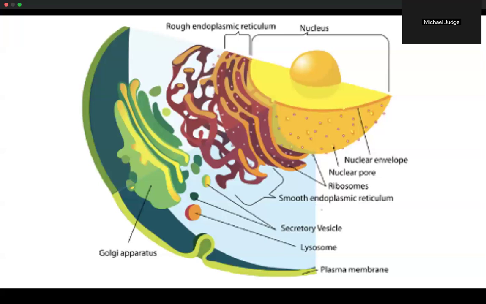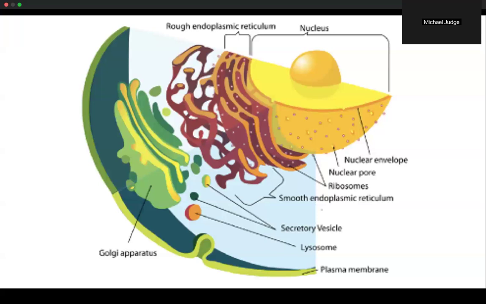We're going to learn these processes in more detail later, but that's the basic flow that gets genetic information from the gene, which is in DNA form in the nucleus, out of the nucleus and to a ribosome where it can be used to code for a protein. So in the nucleus, gene transcribed into RNA form, RNA leaves the nucleus through a nuclear pore, finds a ribosome, and associates with the ribosome.